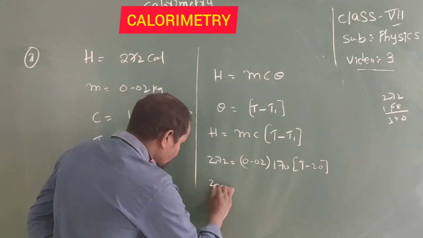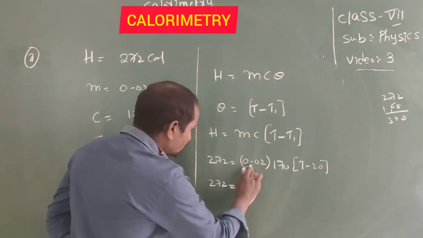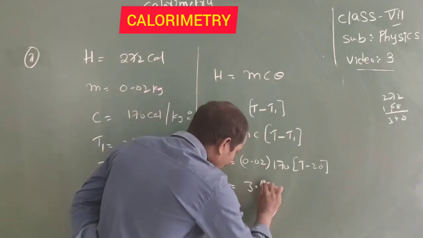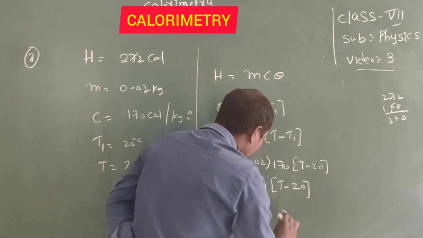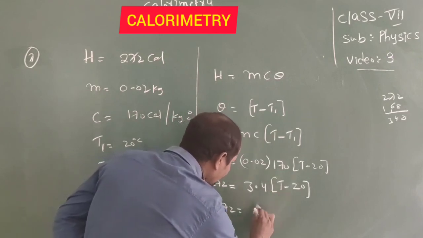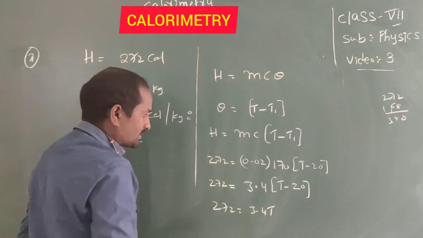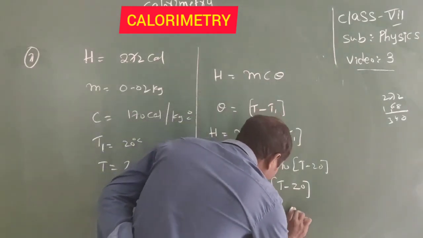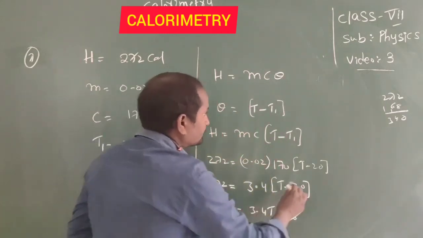So 272 equals 0.02 into 170, that equals 3.4, into T minus 20. So 272 equals 3.4 T, and 3.4 into minus 20 equals minus 68.